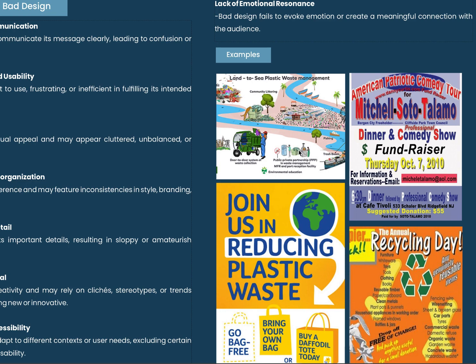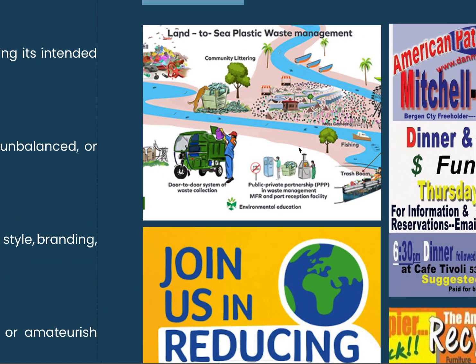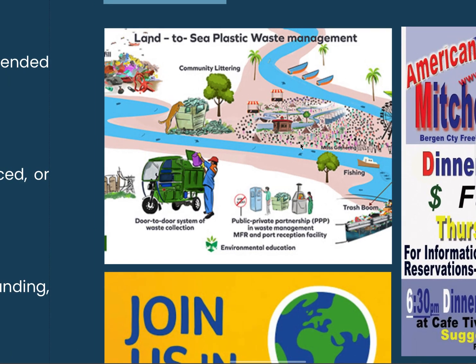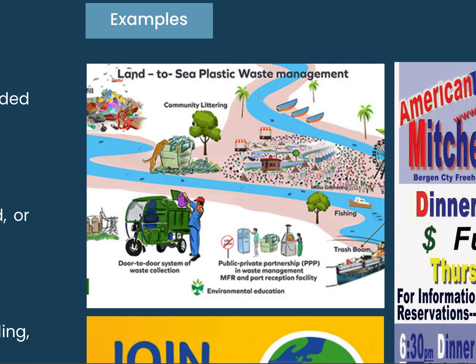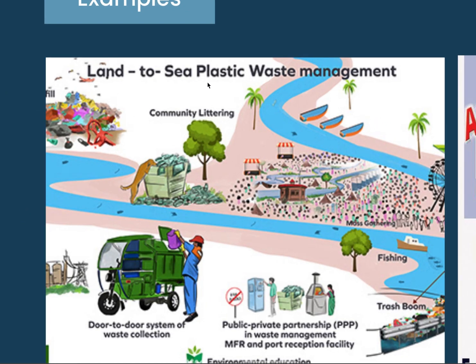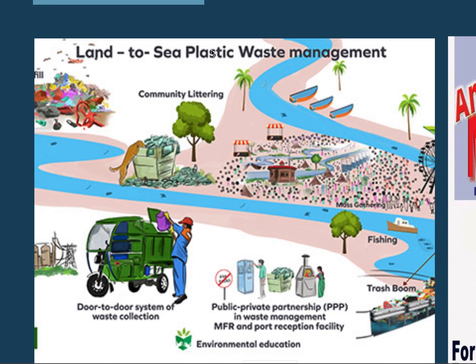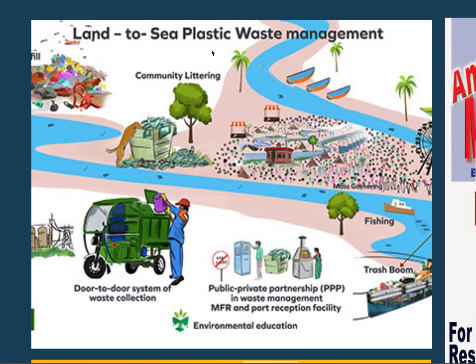For example, we have this, and what makes it a bad design is white space. Even though this design looks great, because we can see the use of contrast and the use of images, however the hierarchy and white space are off.